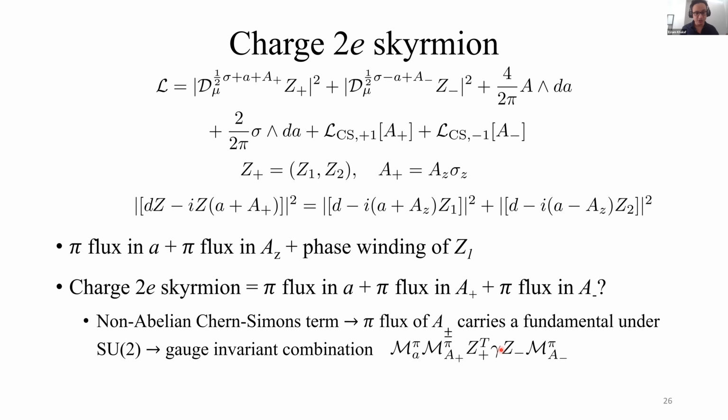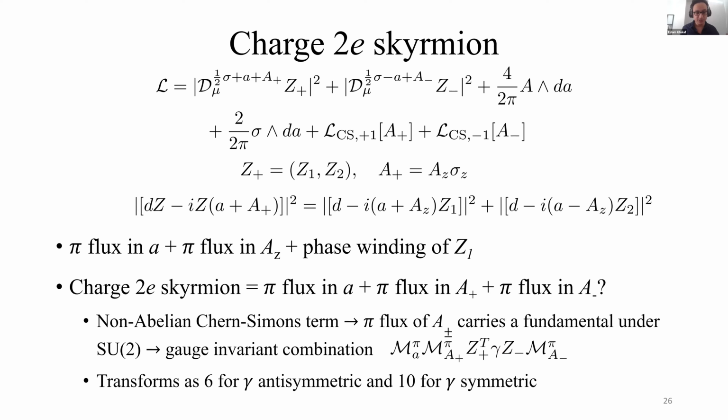And it turns out if I choose this to be an antisymmetric matrix, then this operator will transform as a 6-dimensional representation of SU4, the 6-dimensional tensor representation of SU4. And if it's symmetric, it transforms as a 10-dimensional representation. So this is exactly the two possibilities we find for the symmetry representations of a charge 2e object. So this object matches exactly the quantum numbers we expect for a charge 2e skyrmion, for a charge 2e Cooper pair.